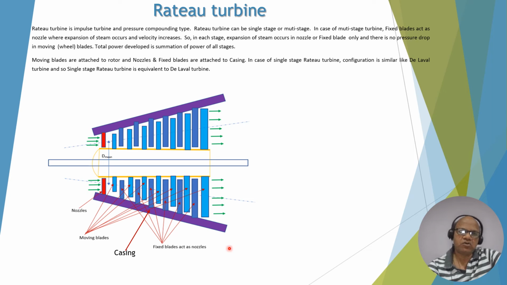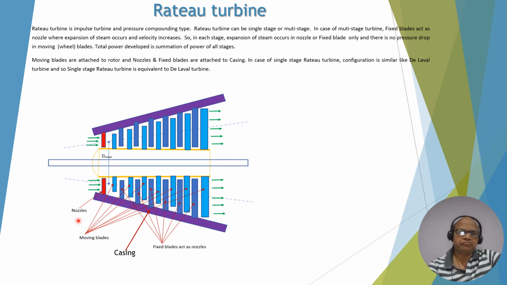You can see this is shown as a multi-stage Rateau turbine. It is pressure compounding. Steam comes in and goes out. The first stage is a nozzle, and all the fixed blades are attached to the casing. Moving blades are attached to the rotor. You can see all moving blades are attached to the rotor because it is rotating.